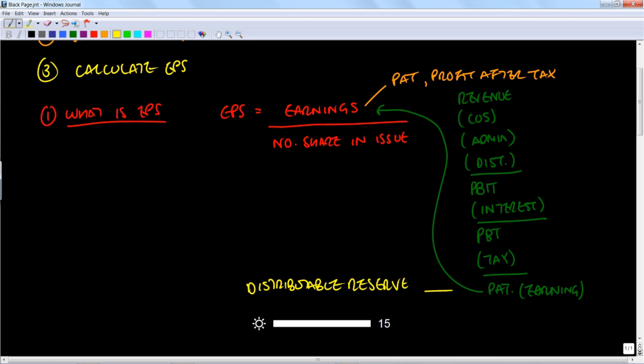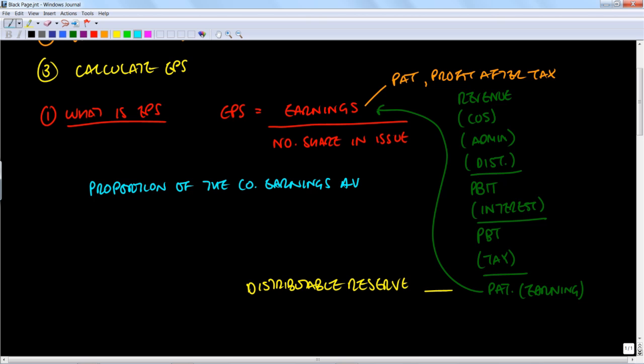Okay, so if you were to give a definition as to what earnings per share is, okay, it's a proportion of the company's earnings available per share to shareholders.